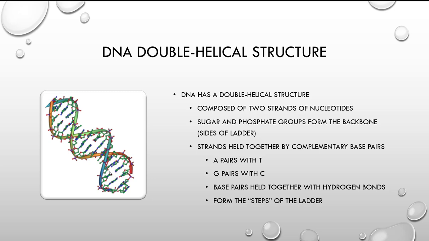Okay. Now, when we're looking at the base pairs, the nitrogenous base pairs of one side of the ladder will pair up with the other side. And the way that it's arranged is if we have an adenine on one side, it will always pair up with a thymine on the other side.